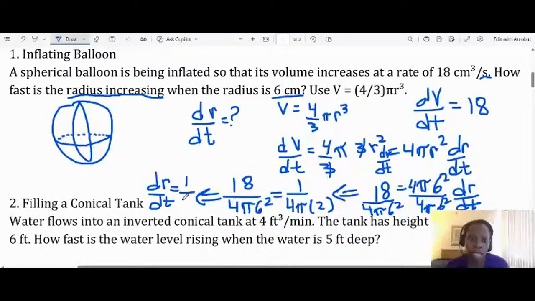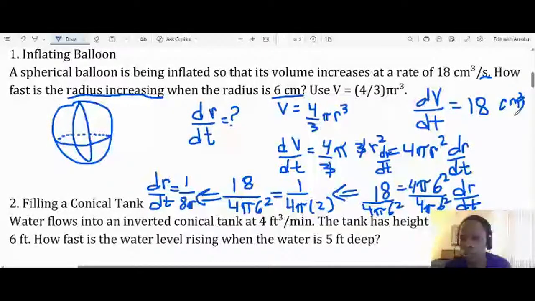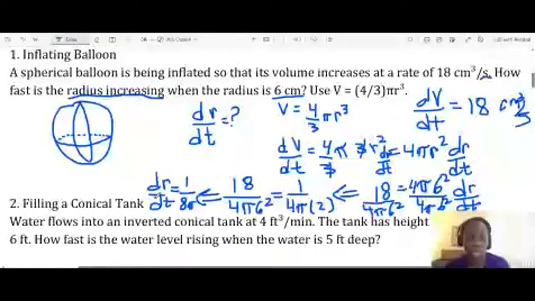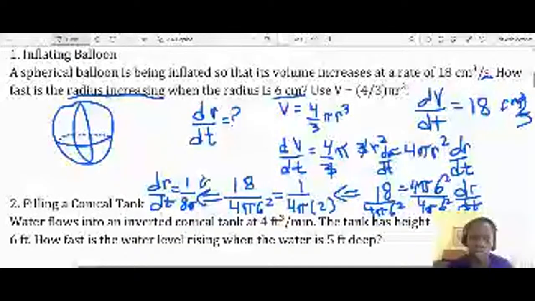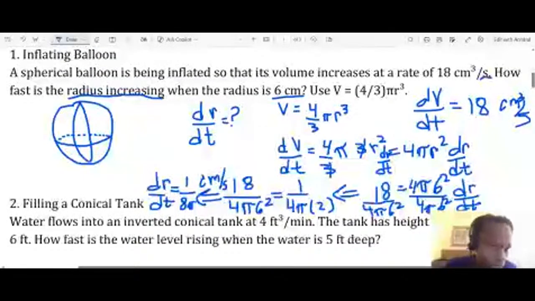And since this is in per second, and this is centimeters, it would be centimeters per second, just so we have the right units. Okay, let me know if you got the same answer. Let's look and see.